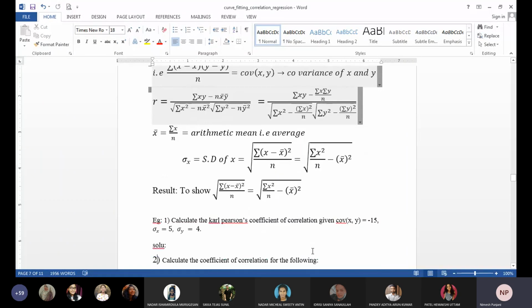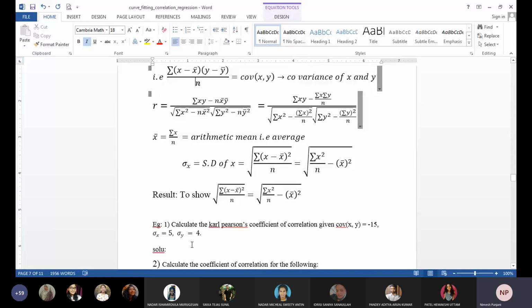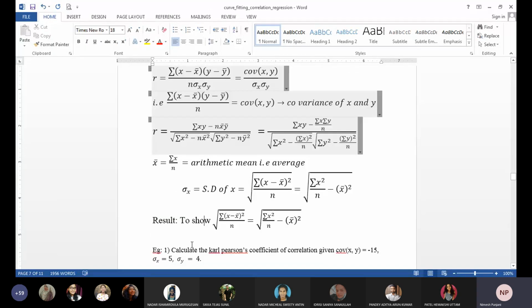So now we'll move on to the examples. What does the first example say? We have to calculate the Karl Pearson's coefficient of correlation, given covariance of xy is minus 15, and sigma x and sigma y are given. So which formula will we use here? The first formula, that is r is covariance of xy upon sigma x sigma y.